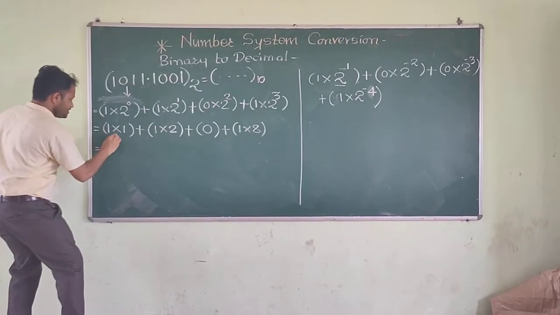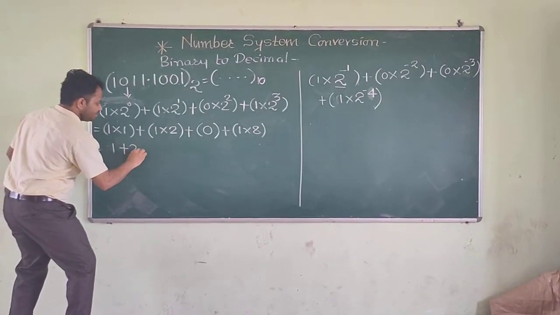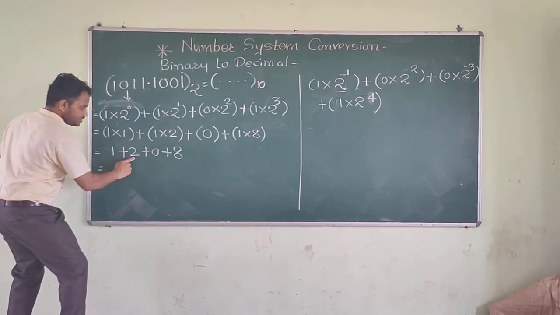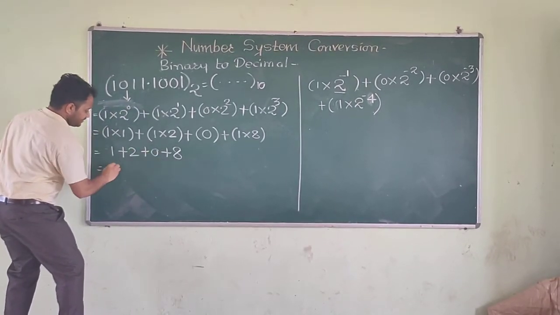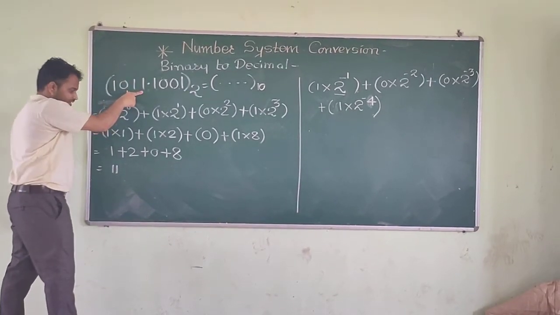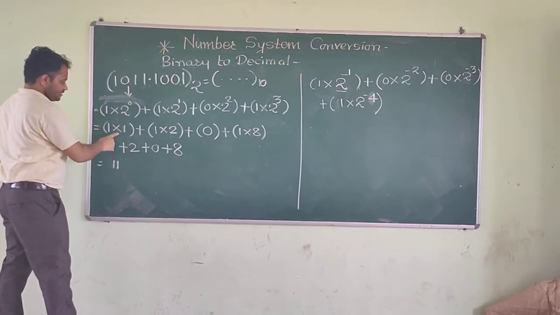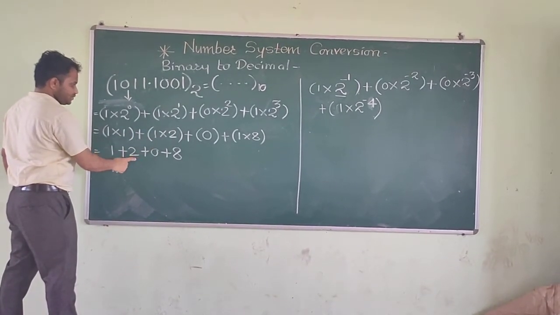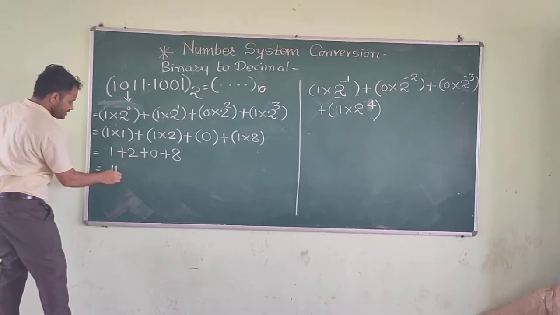Okay, so this is 1 plus 2 plus 0 plus 8. So what is this? 1 plus 2 is 3, plus 8 is 11. So this is the answer for this 1011. Are you sure? This is 3, 1 then 2 then 8. The answer is 11.